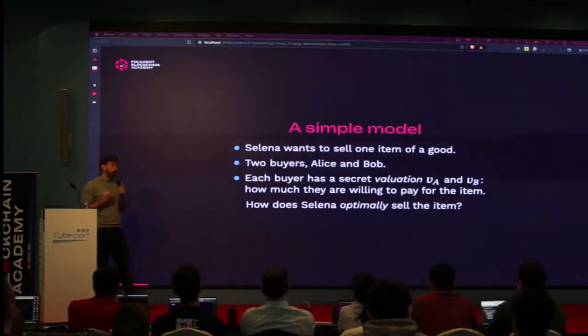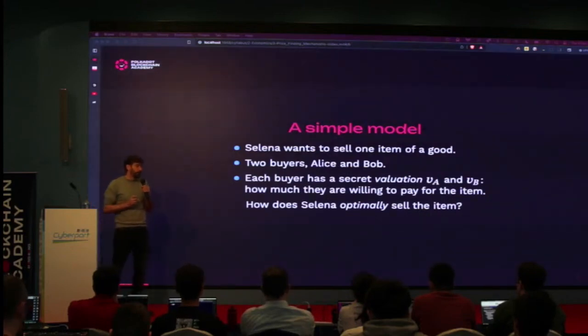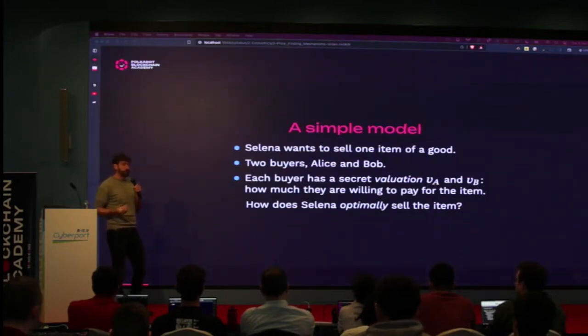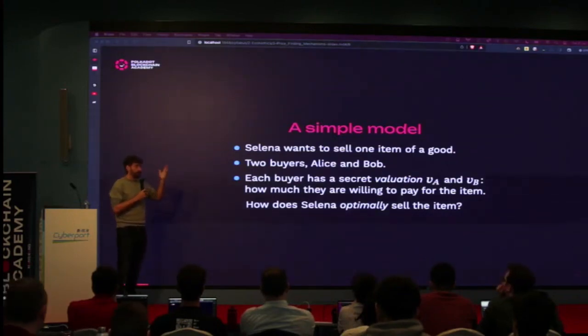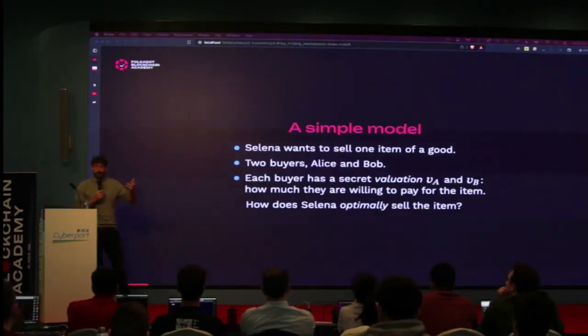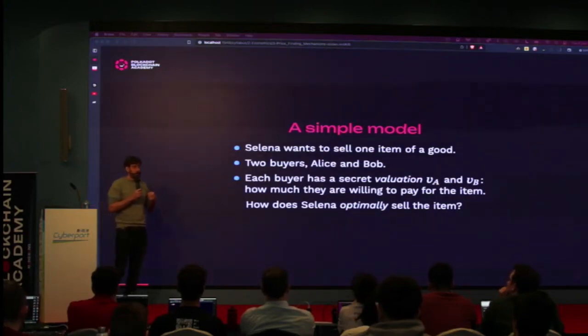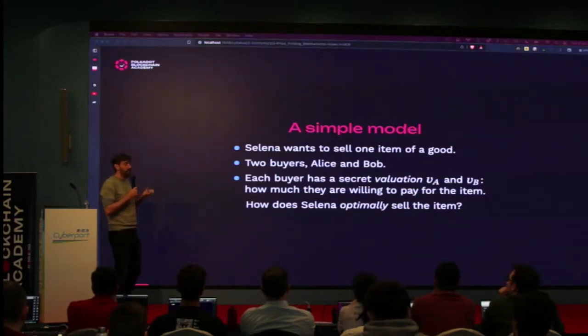Like how much are you willing to pay for the good? It doesn't necessarily mean that you have the money for it, right? It could be that you value a good a lot, but you don't have the financial resources to actually bid that, right? So valuation, you have to think of as some internal concept of an agent that is expressing how much that agent actually values the good.